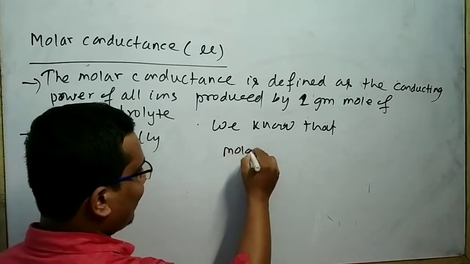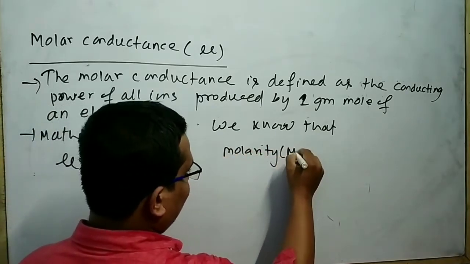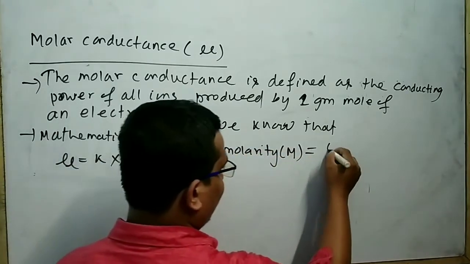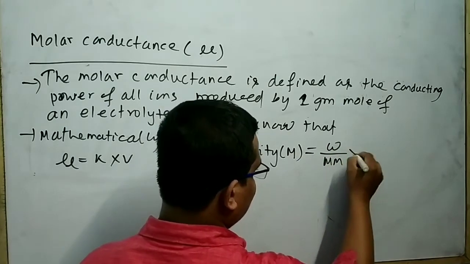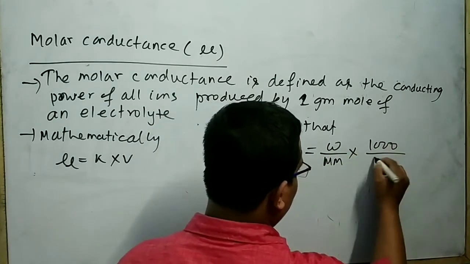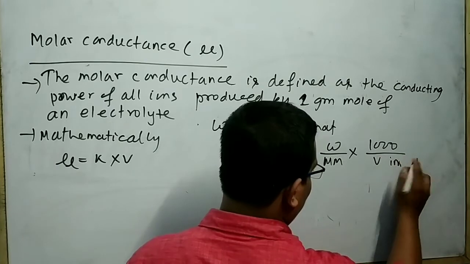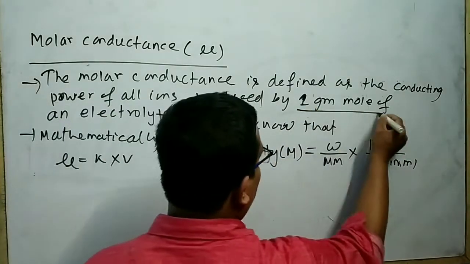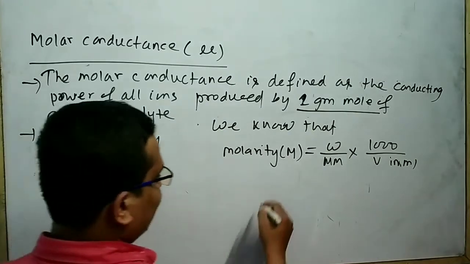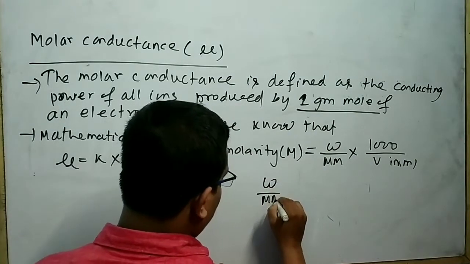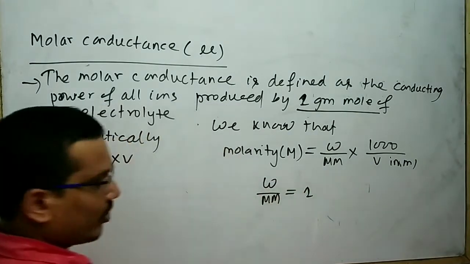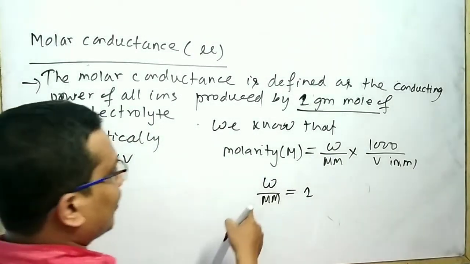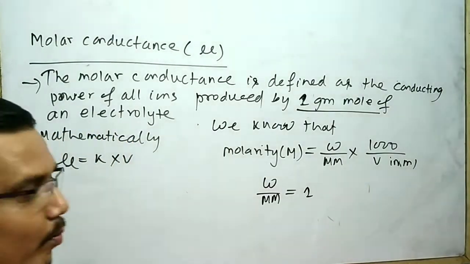We know that molarity, that is your capital M, equal to W by molecular mass into 1000 by V in ml. According to the definition, here 1 gram mole is taken, that means W by mm equal to 1, because W by mm gives the number of mole.